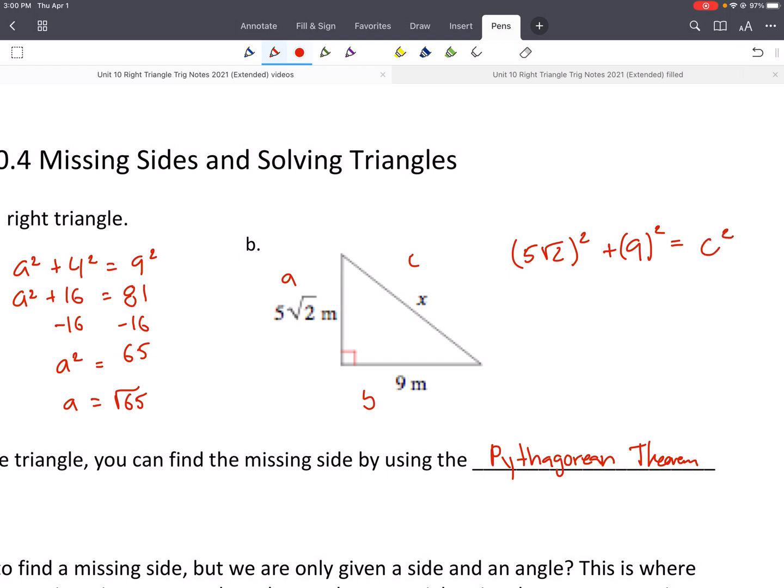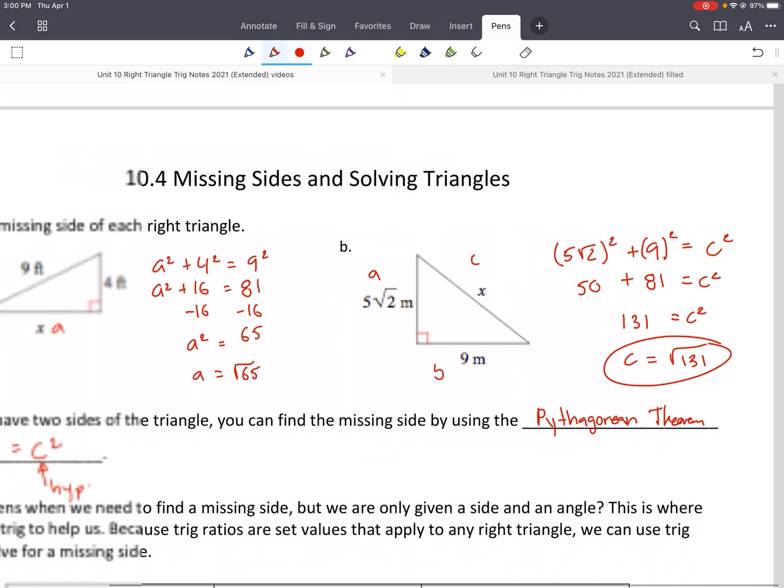If we square the first term, that gives us 25 times 2, so that would be 50. And 9 squared is 81. Combine like terms, that's 131. Then we square root both sides, and we get c is equal to the square root of 131.